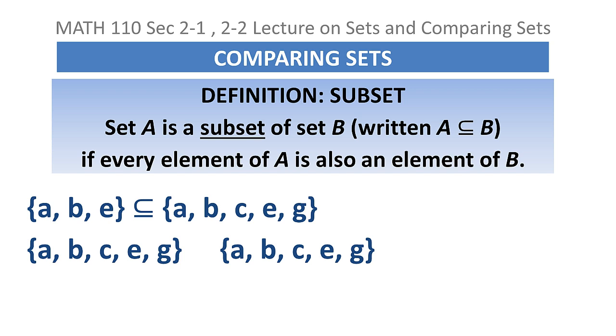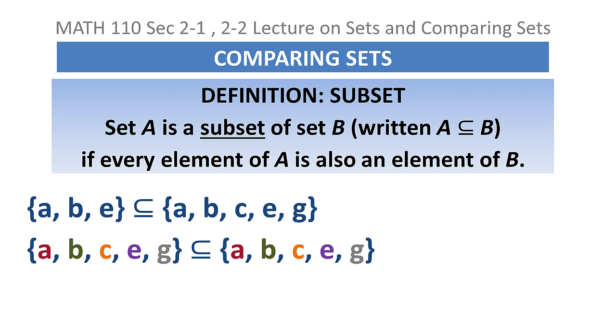How about this one? Well, you look. If it's going to be a subset, whatever's on the left has to be on the right. Well, A is on the left, A is on the right. B is on the left, B is on the right. C is on the left, C is on the right. E is on the left, E is on the right. G is on the left, G is on the right. So yes, it is.